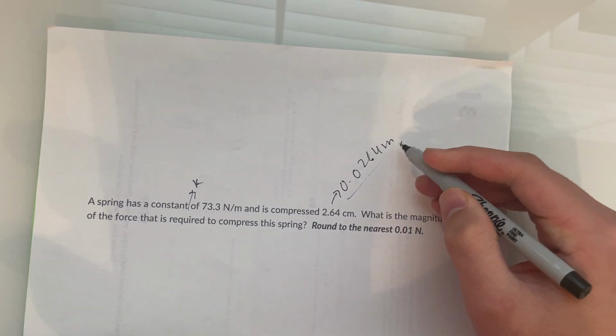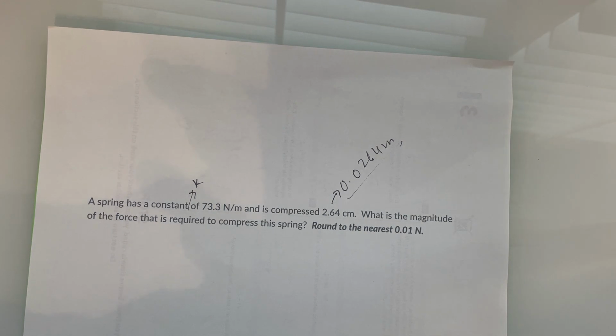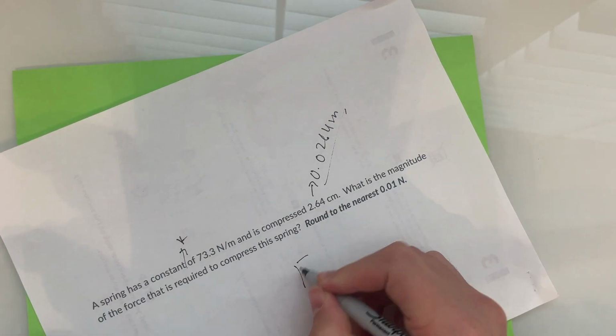We converted that to meters. What is the magnitude of the force that is required to compress the spring? Round to the nearest 0.01 newtons. So they're basically asking us to find the force.